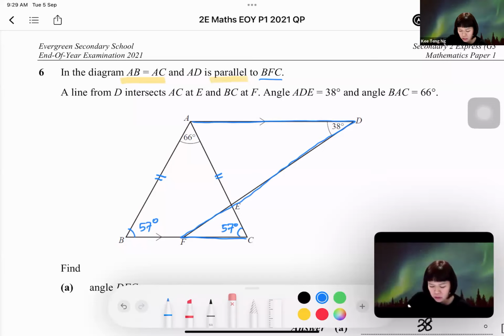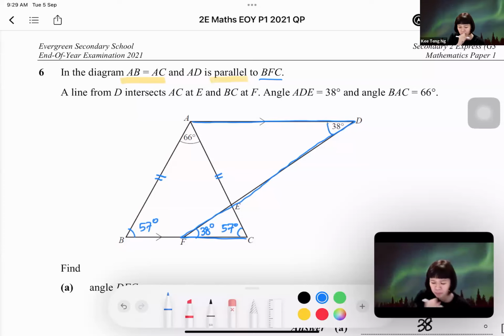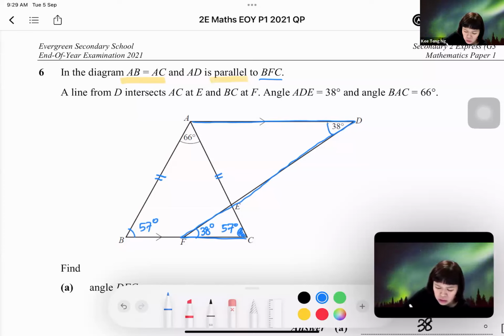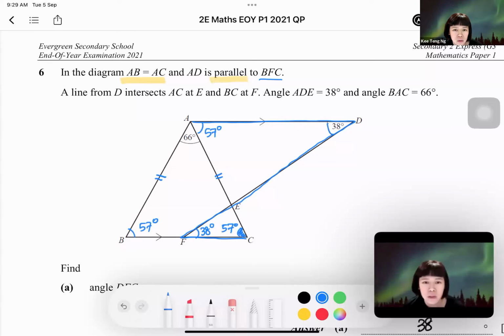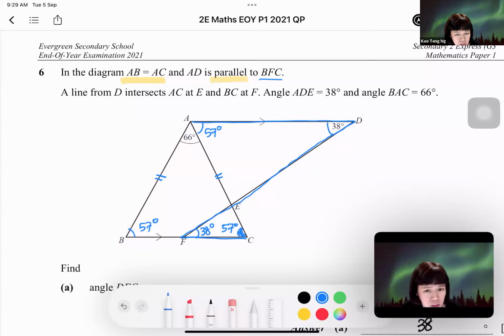So this is alternate angles on parallel lines. This is 38. Therefore, this angle will also be 38. Am I right? And similarly, if this angle is 57, then this angle here will also be 57. So the moment I want to start to interpret, I only interpret the first statement, and then use the help of the diagram. I already found so many different answers already, right?